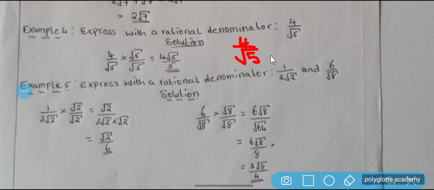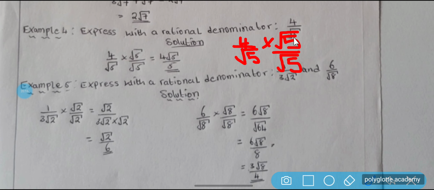So we are going to multiply top and bottom by the surd, by the root. We multiply top and bottom by the root in this expression. So multiply by root 5 over root 5.